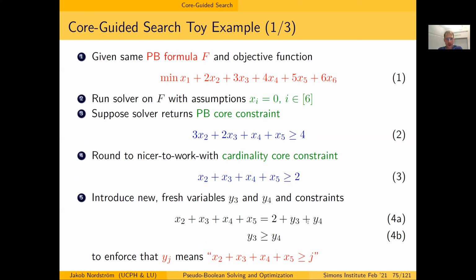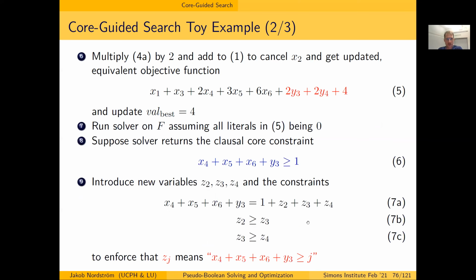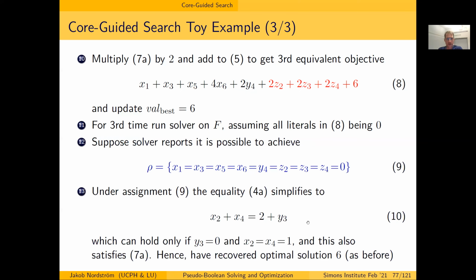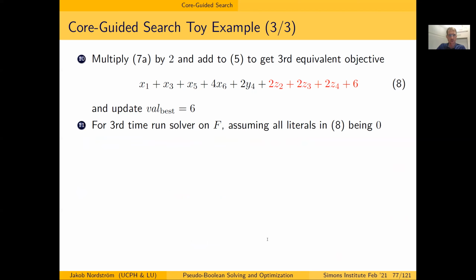When we apply this partial assignment, 4a simplifies to x2 plus x4 is equal to 2 plus y3, and the only way this can hold is that y3 is 0 and x2 and x4 are 1. So that means that we can read off the original solution in the x variables. And indeed, x2 and x4 are 1 and all the others are 0.